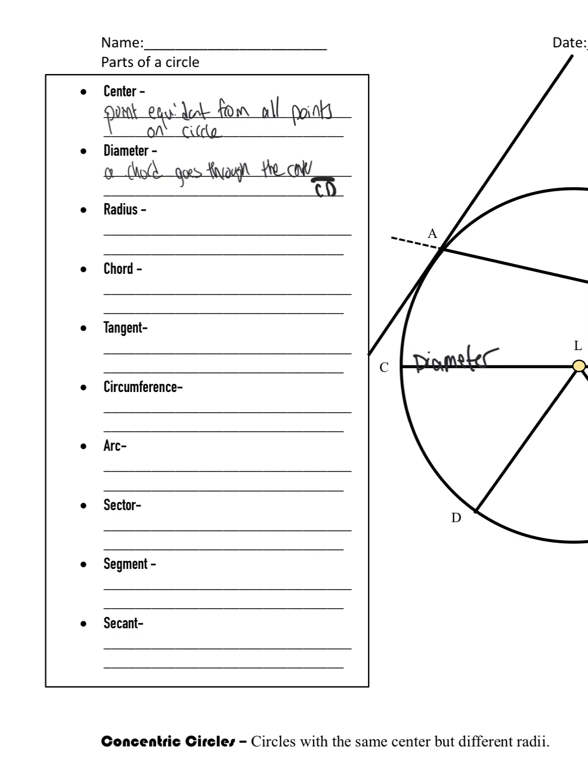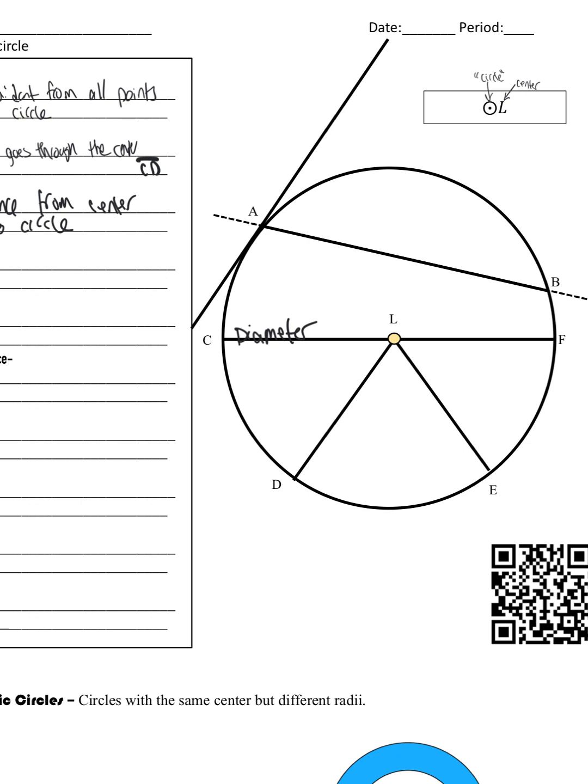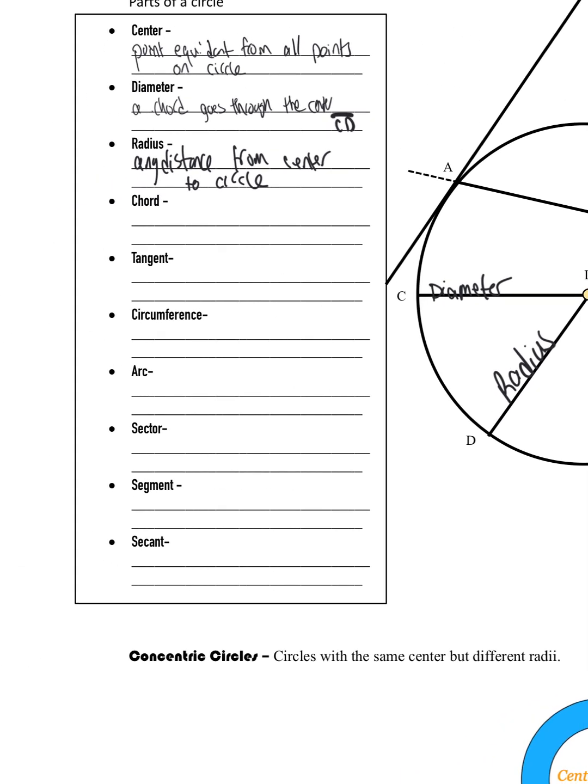Now my radius is any distance from center to circle. So there is a bunch of possible radiuses that we might say, but let's use D to L as a radius in our diagram. So again, we would say DL with a line over top.